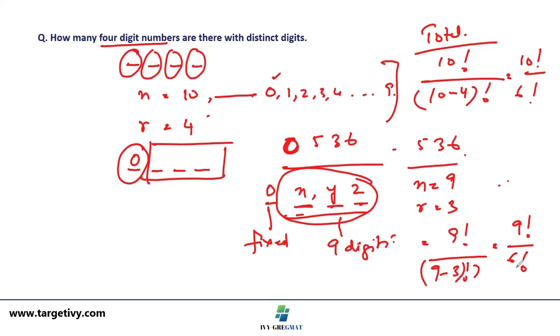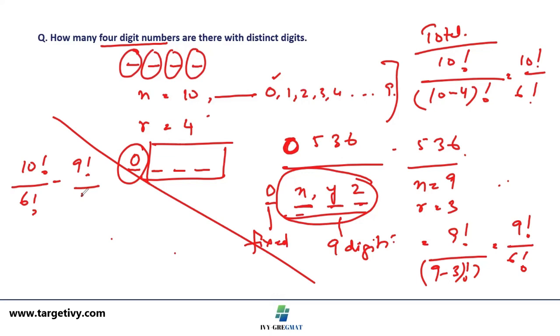So the total number of 4-digit numbers is 10 factorial by 6 factorial minus 9 factorial by 6 factorial. Great.